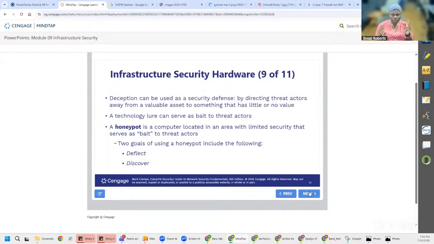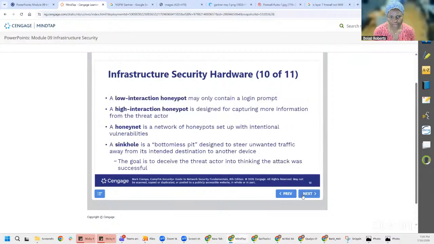So the 2 goals are deflect and discover. Right? And when you have multiple honeypot servers, they become a honey network. So it becomes a network of intentionally vulnerable devices.